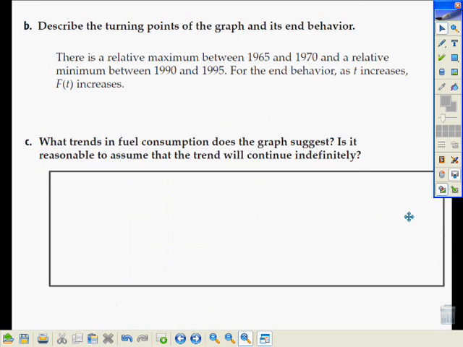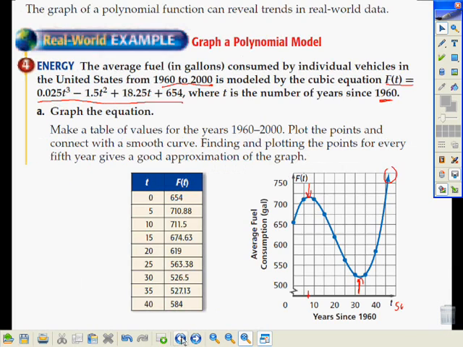So we're looking then, we're adding those years to 1965, and so we get somewhere between there. For the end behavior then, we're just looking at what it's doing really on this side because this is just a starting point. We're starting here. This is really the end behavior that we're looking at. It's going to keep growing.